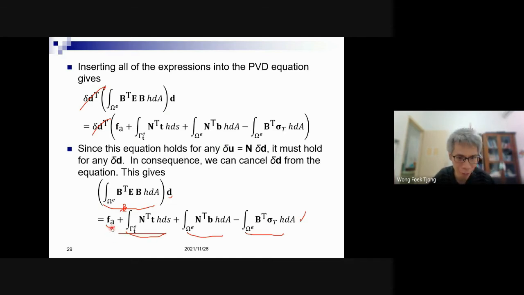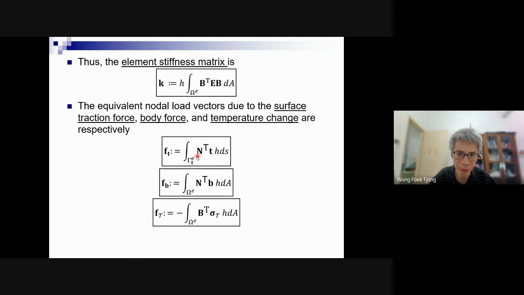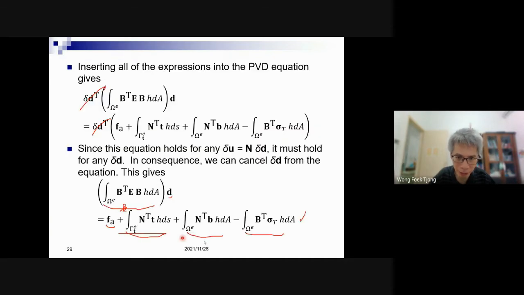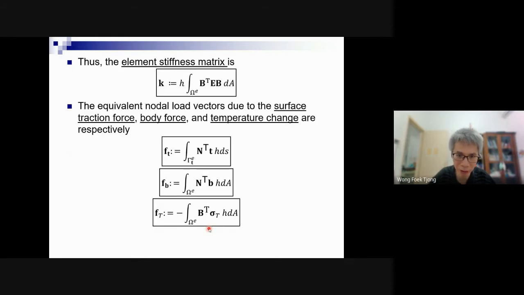This is the balancing force at the nodes. This is the force corresponding to the surface traction, so we call this the equivalent nodal force due to surface traction. While this one is the nodal force corresponding to body force, which we define as this one.